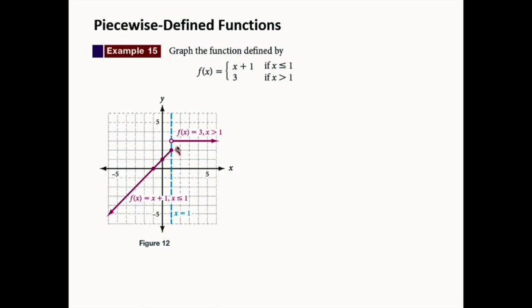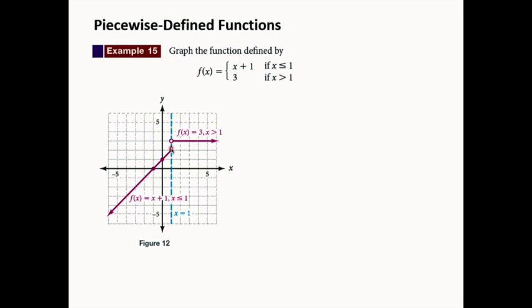However, since there is no value here, but only here, when I do the vertical line test, it only passes through one point. So this passes as a function. If this was colored in and I included 1 here in the domain, then when I did the vertical line test, it would pass through 2 points so that it would fail as a function.